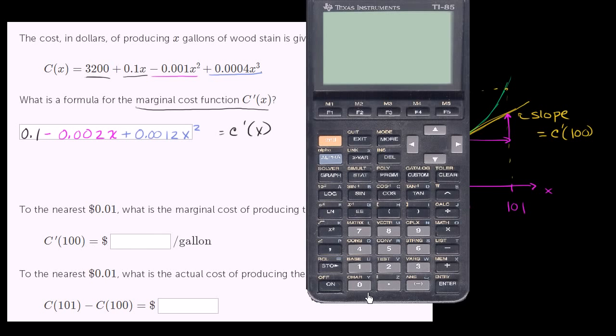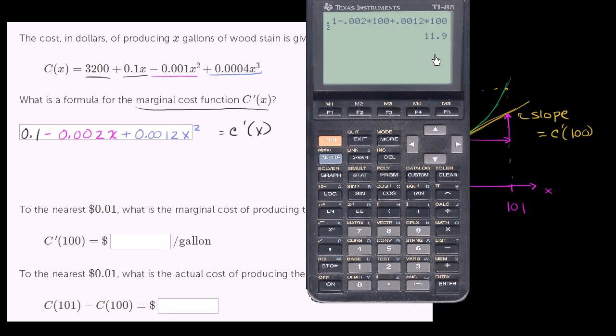So C prime of 100 is going to be 0.1 minus 0.002 times 100 plus 0.0012 times 100 squared, which is going to be 10,000.